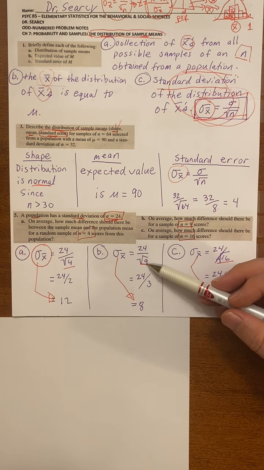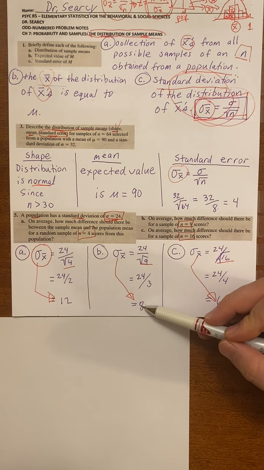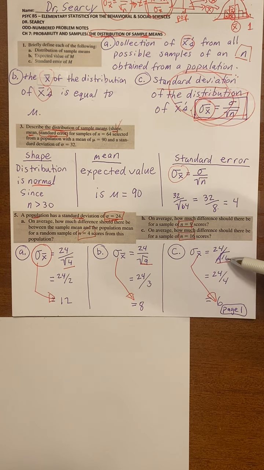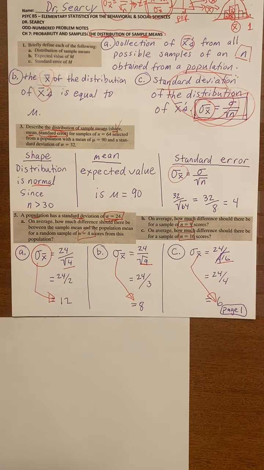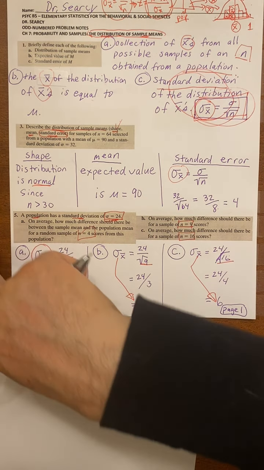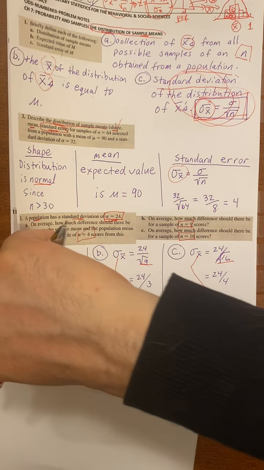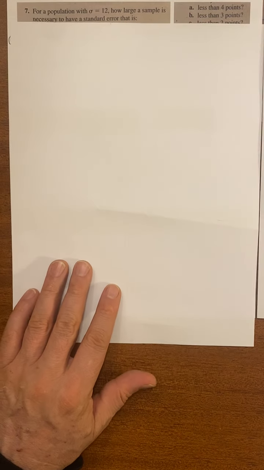As that n increased, the standard error decreased, whereas you get this n of 16, your standard error is 6. So that's just one relation that you want to be seeing with these problems. But now let's go ahead and move on to our next problem, number 7.